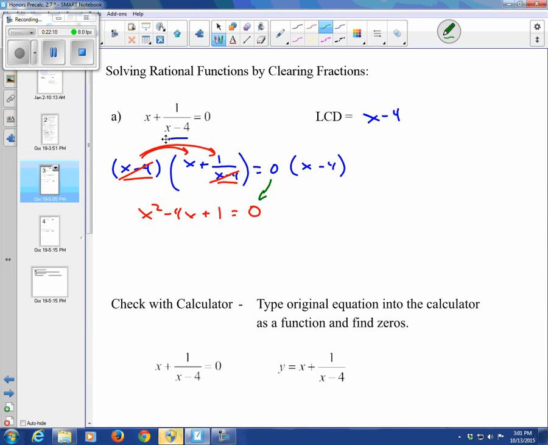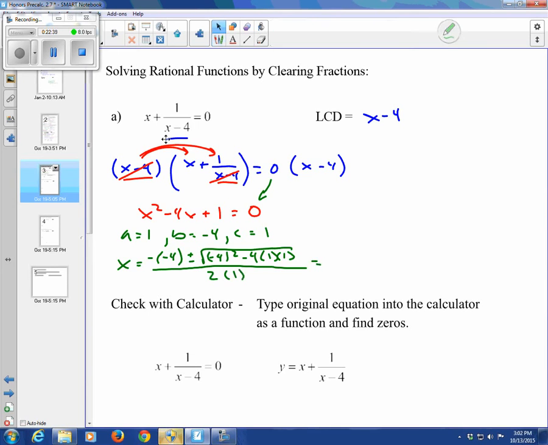Now, when we use the quadratic formula, we're going to say a equals 1, b equals negative 4, c equals 1. And for our quadratic formula, that is going to give us x equals negative b, so negative negative 4, plus or minus the square root of negative 4 squared minus 4 times the a term of 1 times the c term of 1, all over 2 times the a term of 1.